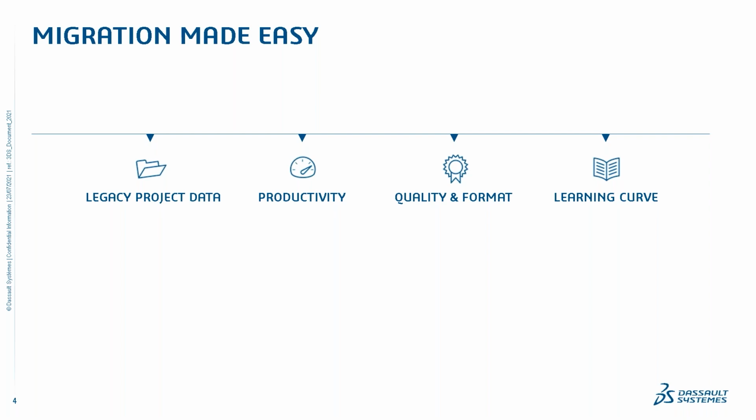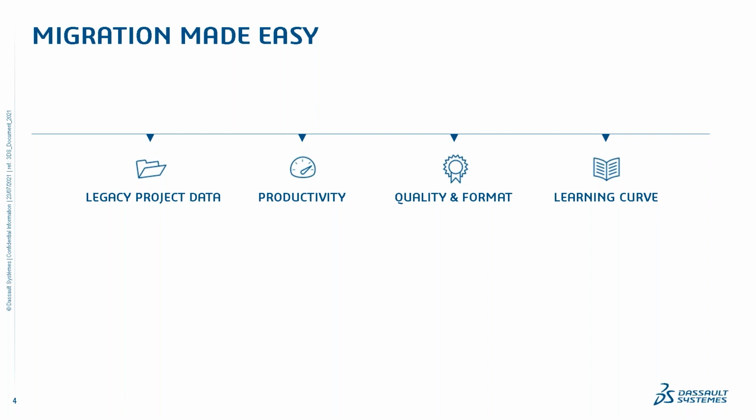But a part of that, which we understand, is that companies and organizations, when they come to the point of adopting our technology, have some form of legacy data. Almost everybody we talk to approaches us with this question: what can we do with what we already have? So today's content is all around how we can take what you've been using and bring that forward, but add the additional intelligence and functionality that comes with SOLIDWORKS Electrical.